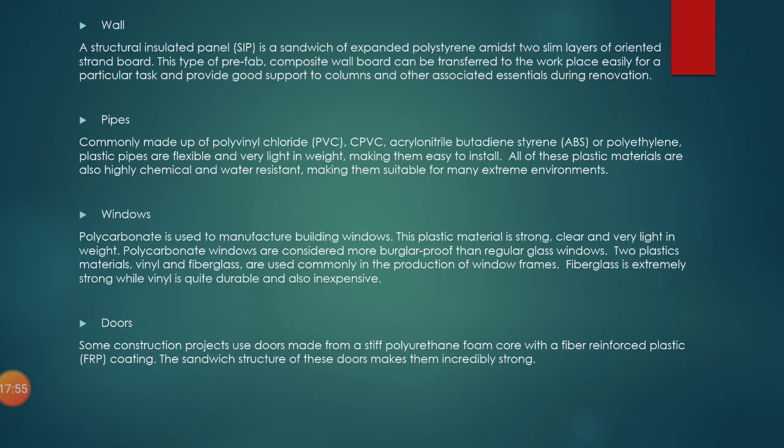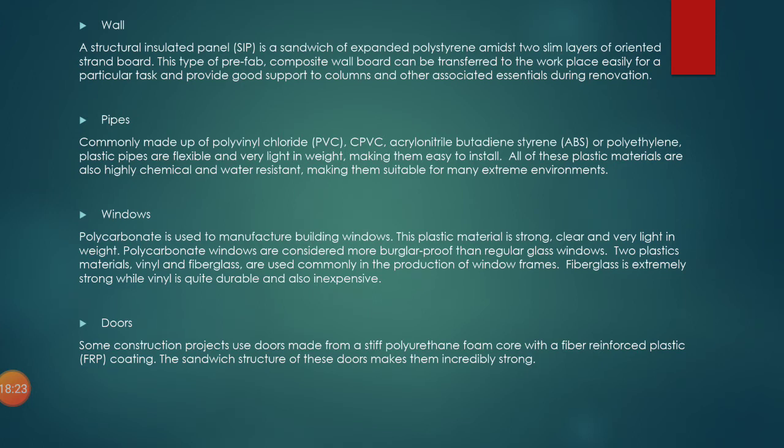Pipes, commonly made of polyvinyl chloride, PVC, CPVC, acrylonitrile butadiene styrene, ABS, or polyethylene. Plastic pipes are flexible and very light in weight, making them easy to install. All of these plastic materials are also highly chemical and water resistant, making them suitable for extreme environments.